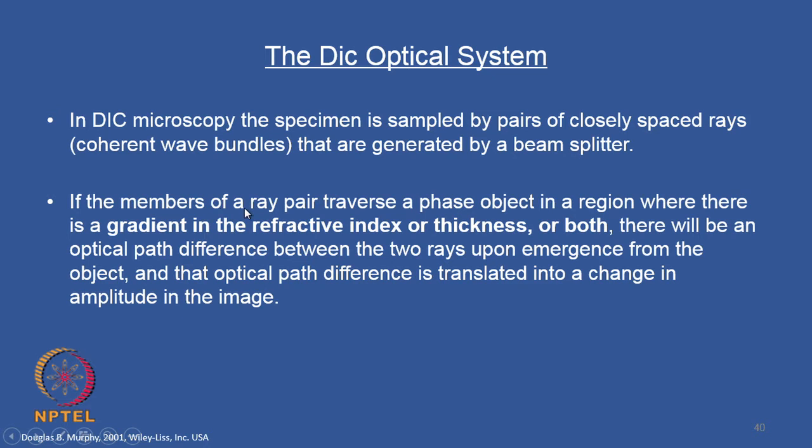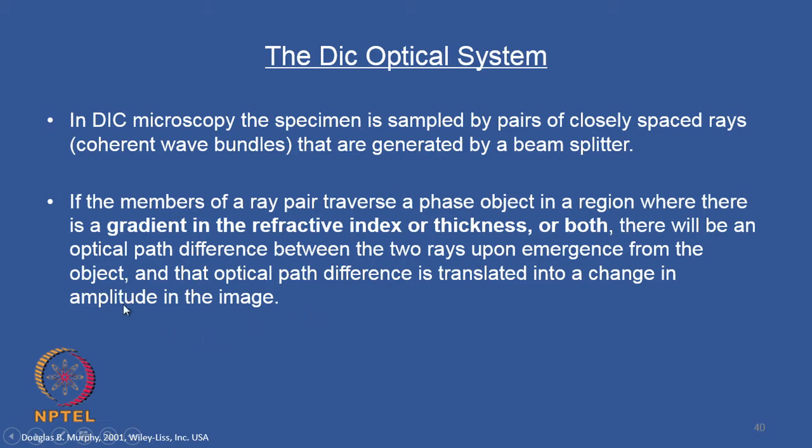If the members of a ray pair traverse a phase object in a region where there is a gradient in the refractive index or thickness or both, there will be an optical path difference between the two rays upon emergence from the object, and that optical path difference is translated into a change in amplitude in the image.